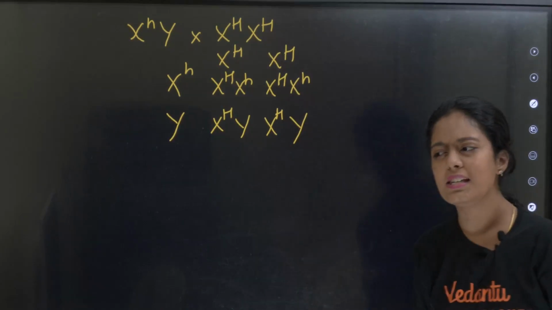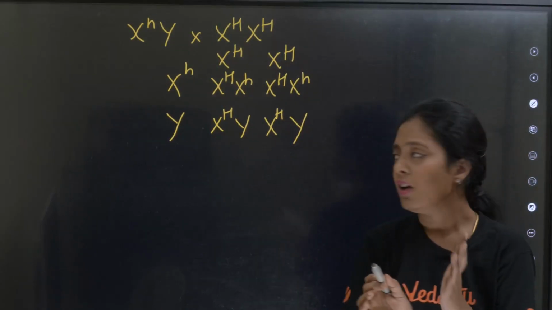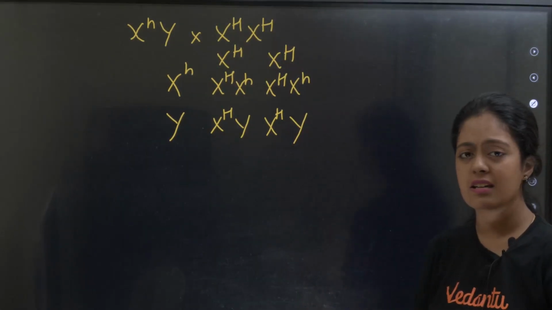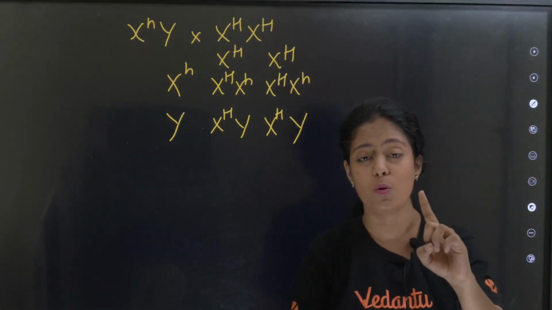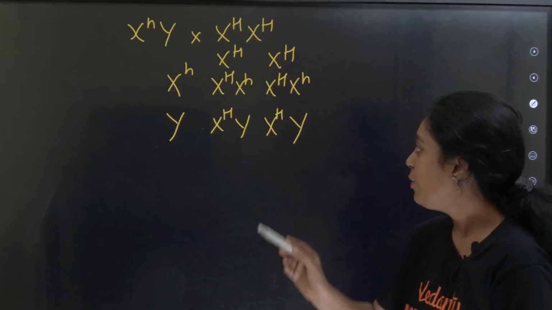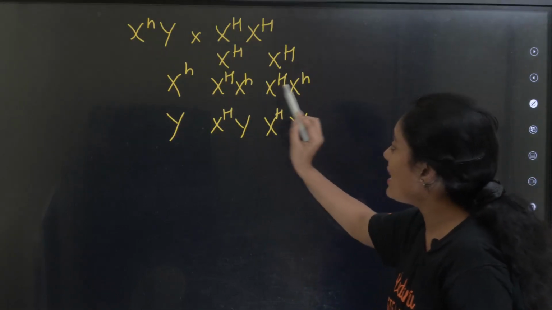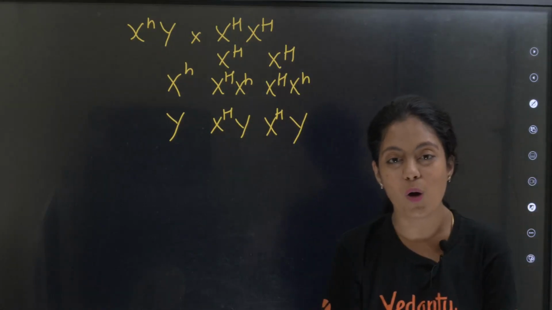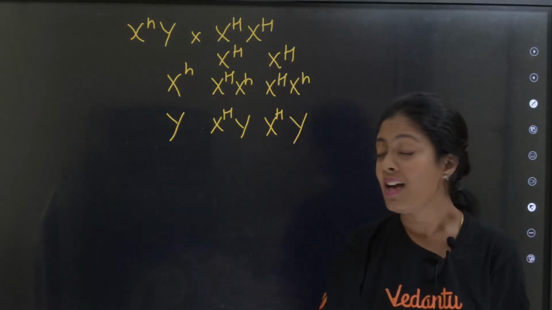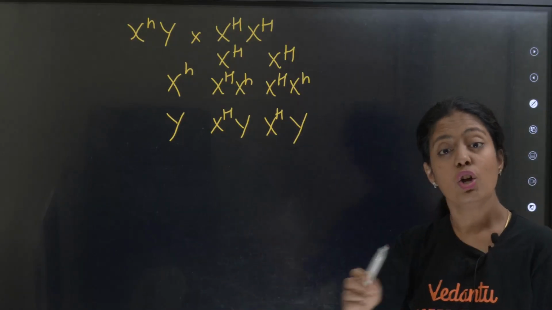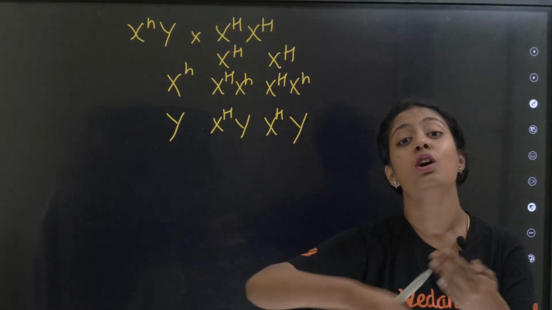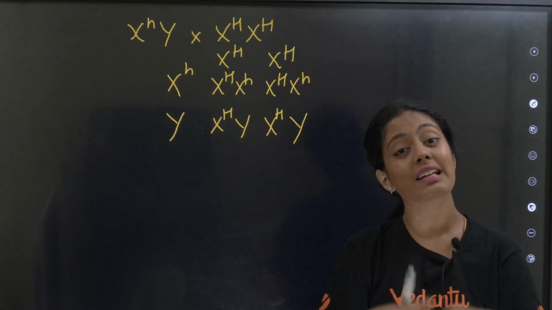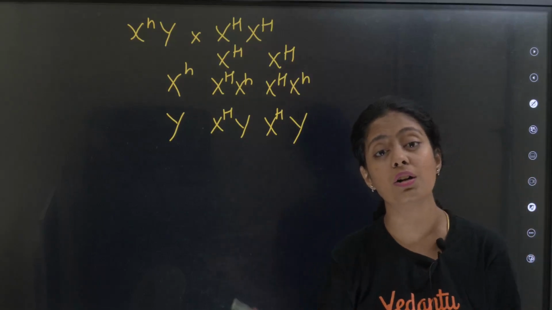Yes, so you can see, what do you observe here pasangla? What do you actually understand here? You understand that we all get one X chromosome from our father, correct? You can see here the females are carriers. They are normal, but they are carriers, and the males are unaffected. Though the father has the disease, it is not passed to their son, and the disease is not passed to their daughters either.